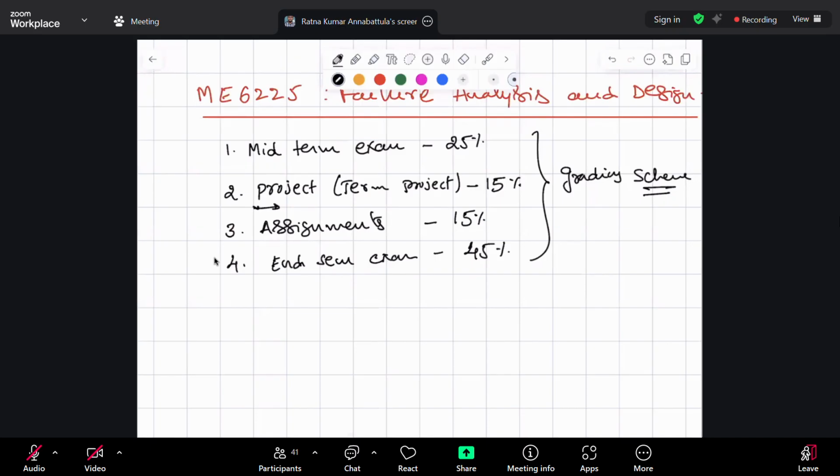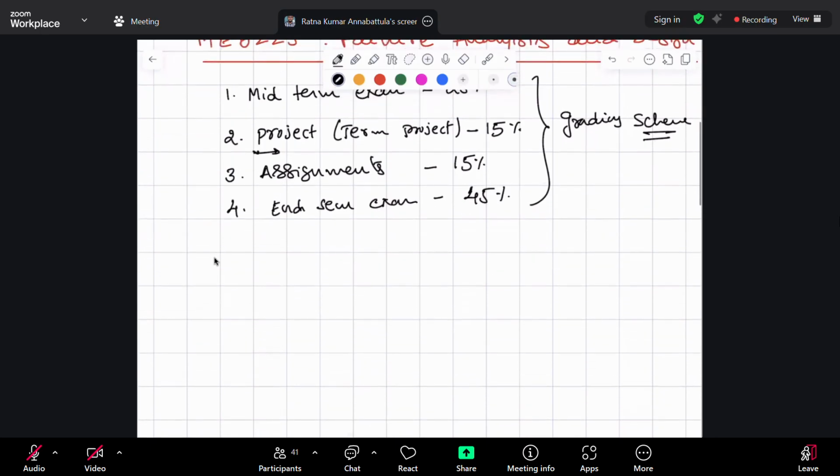By then you would have learned some material. Based on the material that you have learned and what is going to be there after midterm, you can make an assessment and propose a project. Sometimes it could be implementation of a research article, or you can actually do some experiments if you have experimental facilities in your organization, or you can do some simulations if you already have some expertise in doing simulations. Okay, so that's the grading scheme.